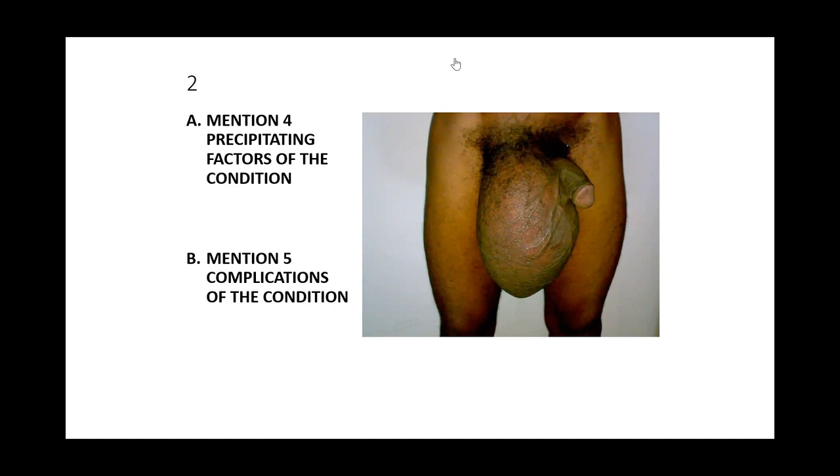So don't forget the complications: irreducibility, obstruction, strangulation, pressure necrosis, loss of domain.